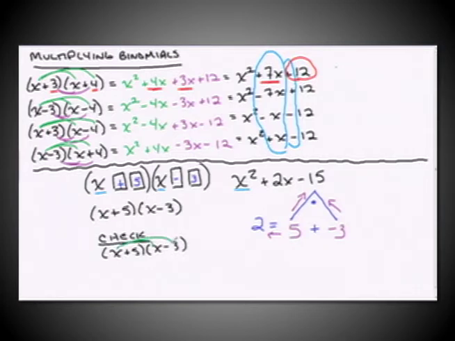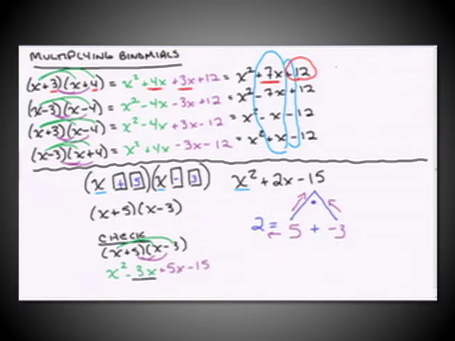So we're going to do that through distribution of each term to each term. X times x gives x squared. X times negative 3 is negative 3x. 5 times x is positive 5x. And 5 times negative 3 is negative 15.